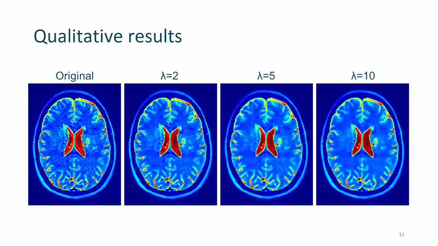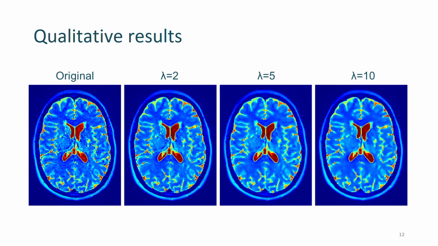Here are some qualitative results on the effect of the filter strength lambda. In the image, in the first column, we have the original scan. And as we move from left to right, the filter strength increases. And as expected, the smoothness of the resulting images increases and the visual artifacts decrease. But also note that there is a loss of visible perivascular spaces. Here is another example showing the same outcome.